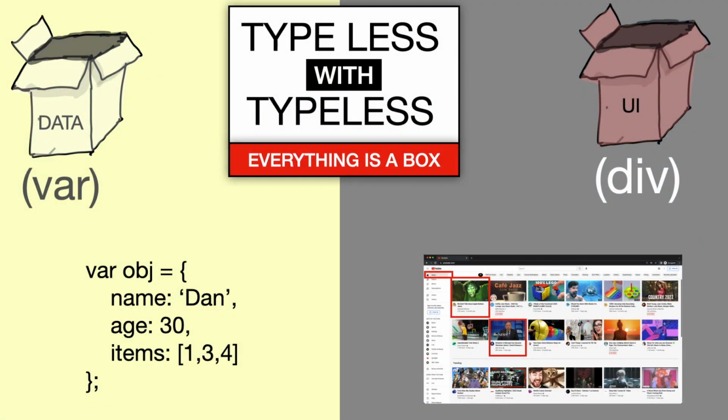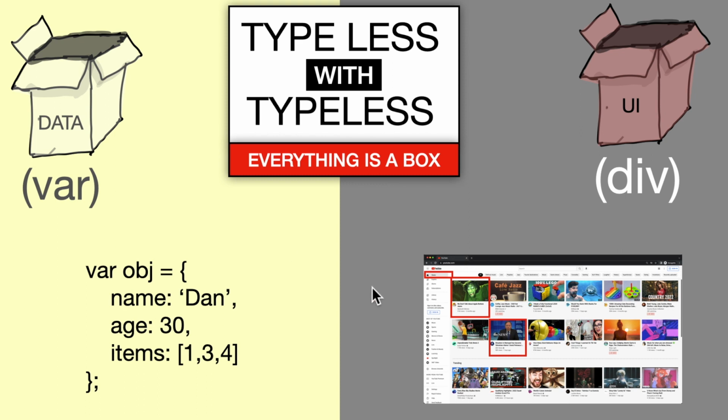You will type less code if you use typeless containers, because everything is a box. Okay, so remember when I said last time that I primarily use these two things, var and div? Just as an aside, I'm trying to make this as language agnostic as possible, but there aren't a lot of languages that have the capability of doing this.